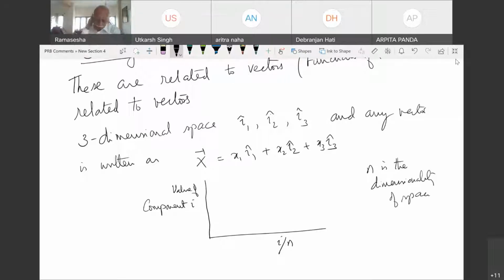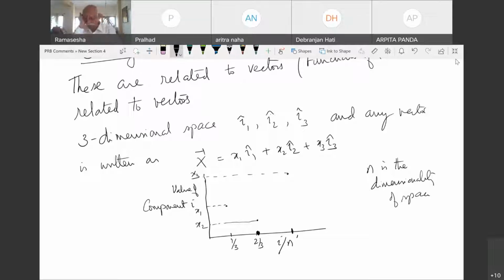So if it's a three-dimensional space, what you have is 1/3, 2/3, and 1. Okay, so in this region, I can actually put the components. For example, this one is x1, somewhere here this value is x2, and somewhere here is x3. I can just plot x1, x2, x3 as a function of 1 by n.